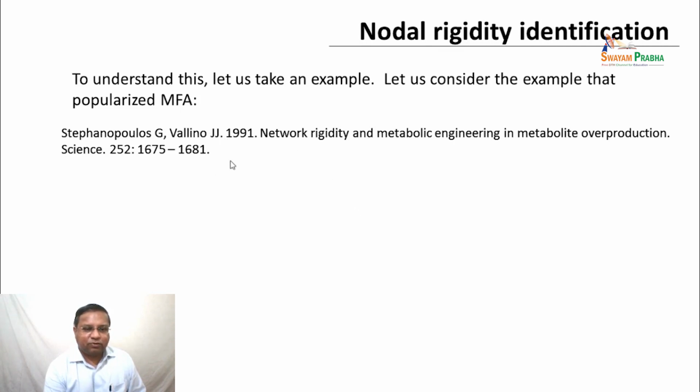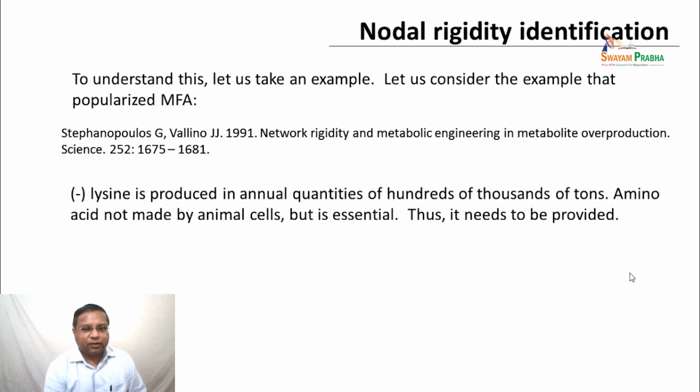It has also been given in your list of references. You can go and take a look at it. Stephanopoulos and Vallino, 1991, Network Rigidity and Metabolic Engineering in Metabolite Overproduction. This was published in Science. And then there was another paper published in Biotechnology and Bioengineering in 1993, which gives some more details.